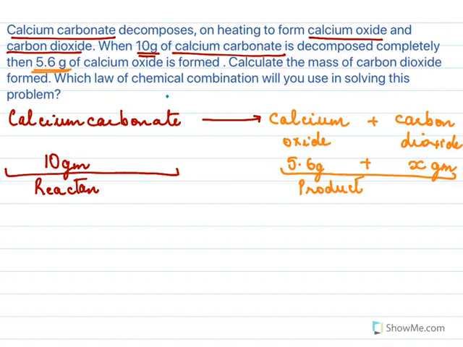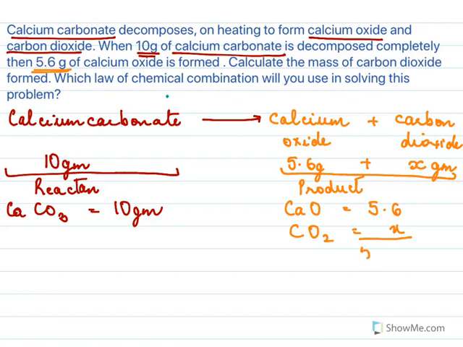The mass of reactant is calcium carbonate, and we know the mass is 10 gram. And the products, we have two products. One is calcium oxide, which is 5.6 gram, and other one is carbon dioxide, which is X grams.